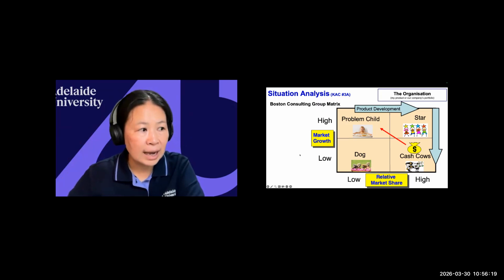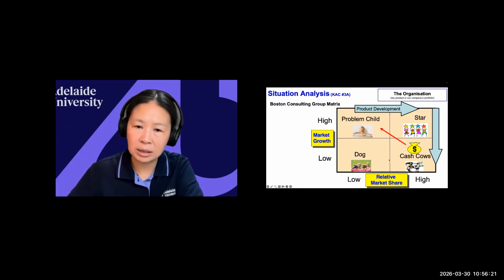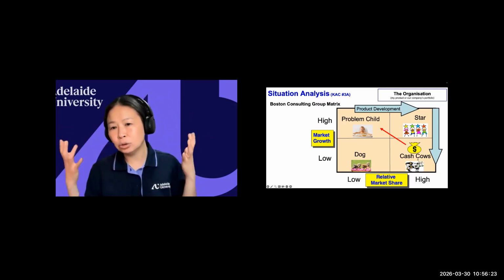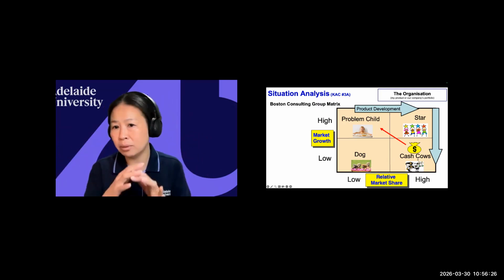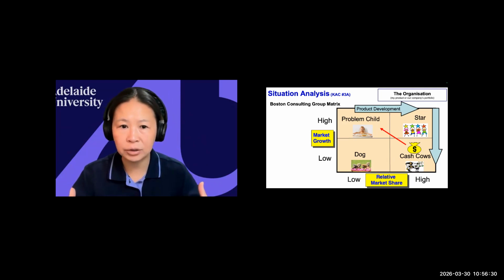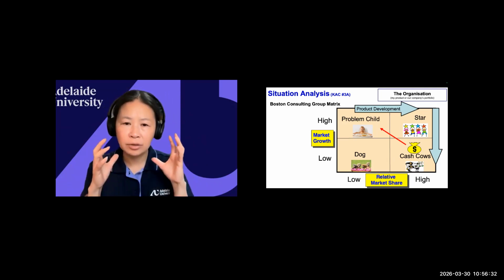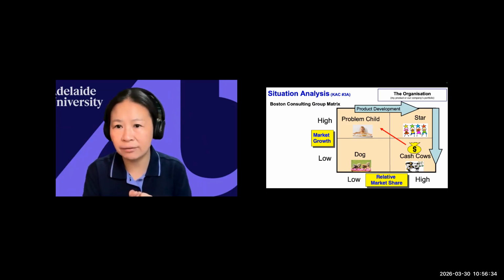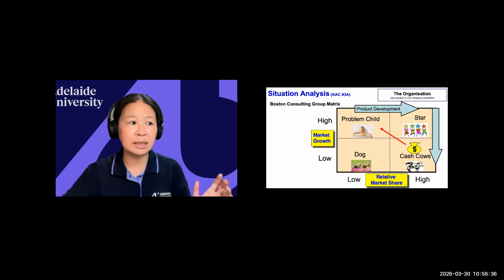However, it has relatively low market growth, meaning that the potential for expansion of the course at the moment is very capped. And because now we're coming into the new Adelaide University, the course is going to be redeveloped, possibly next year.